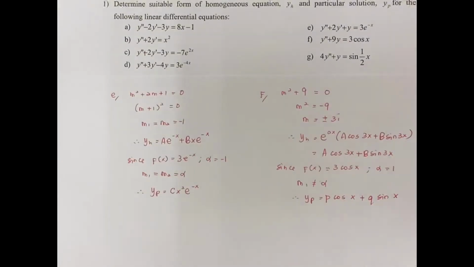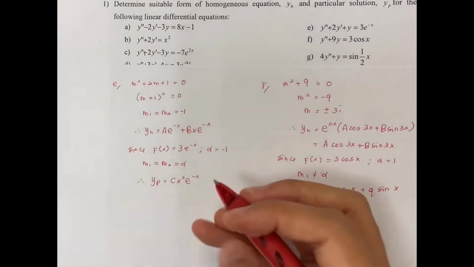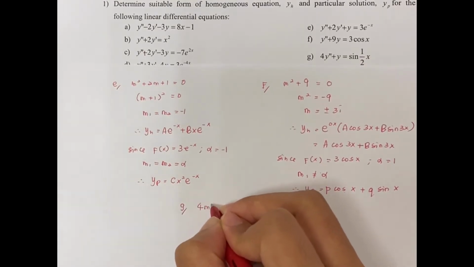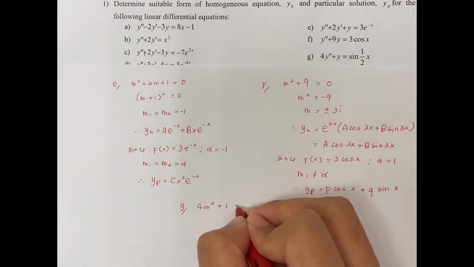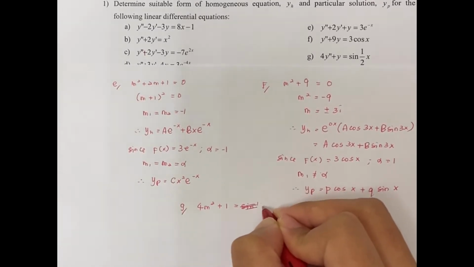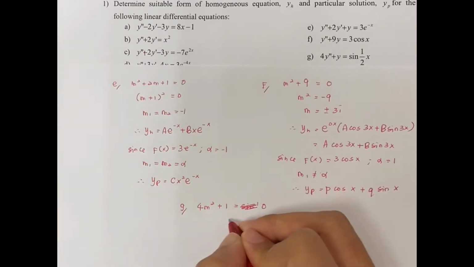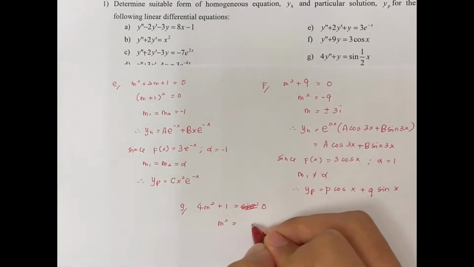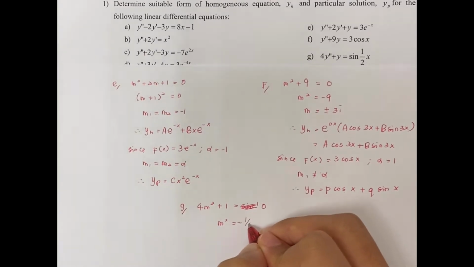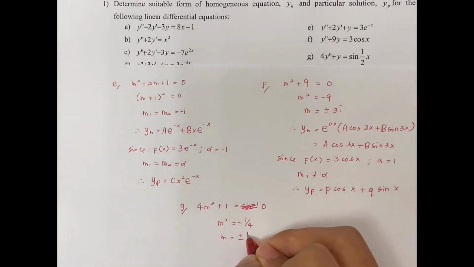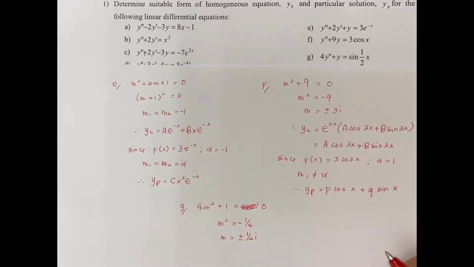And for the last example G, you have 4m squared plus 1 equal to 0. So m squared equal to negative 1 over 4. m is equal to plus minus half i.